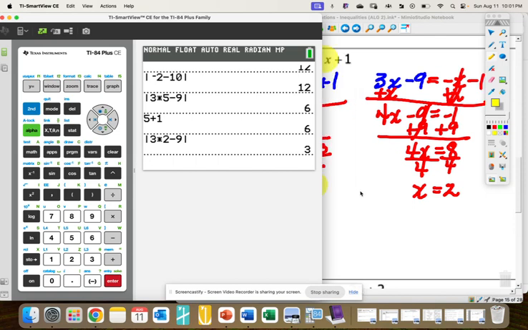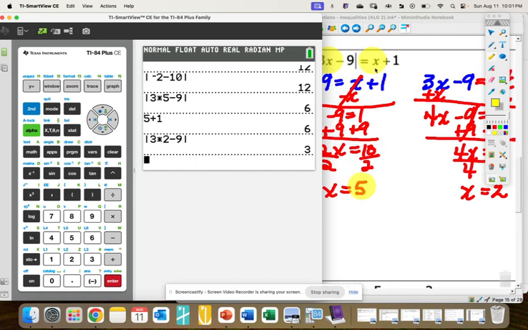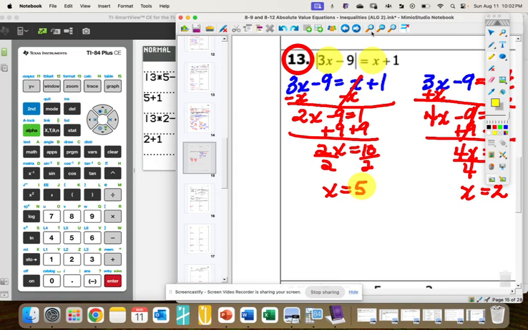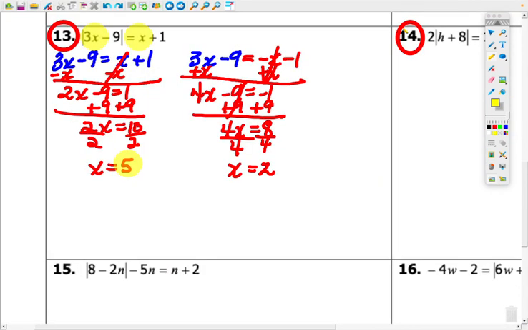And then go back to the problem here. I'm going to put 2 plus 1. And I got 3. So that tells me that both of my solutions are going to work. All right, both of them work. My answer is 2 and 5.